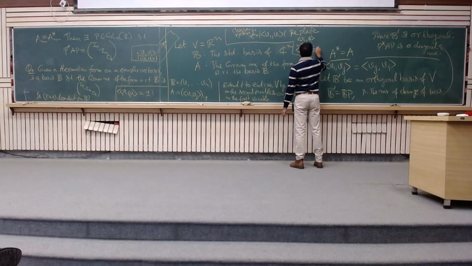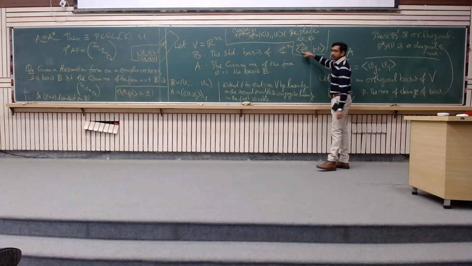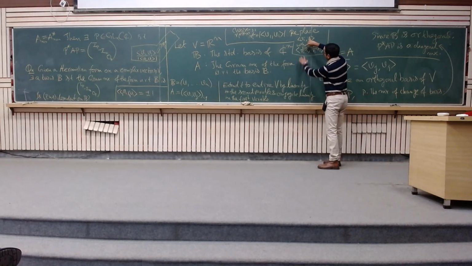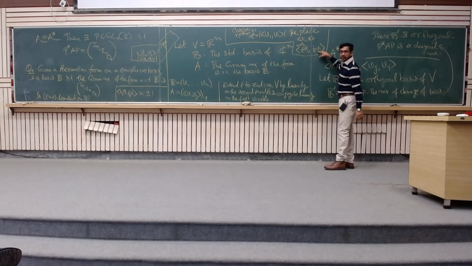Now note that it's still a real number. So this one is in the span of vi, and vi is in the span of this. It's just some other point on the line in the span of vi. The same for this one.